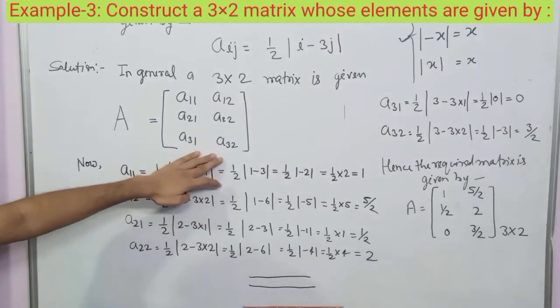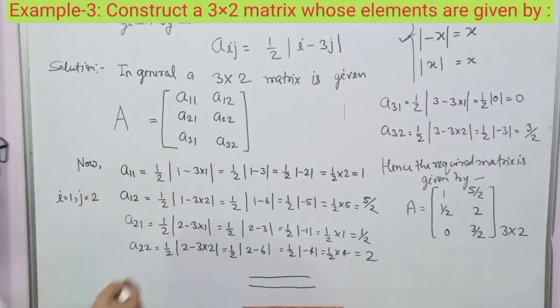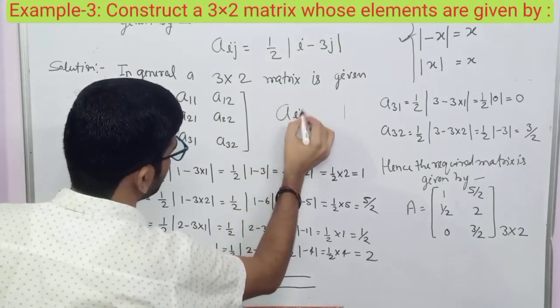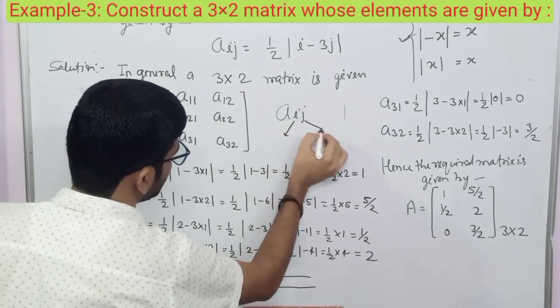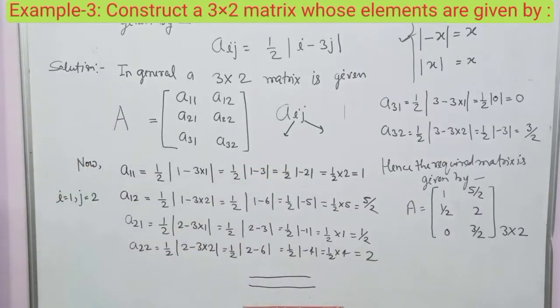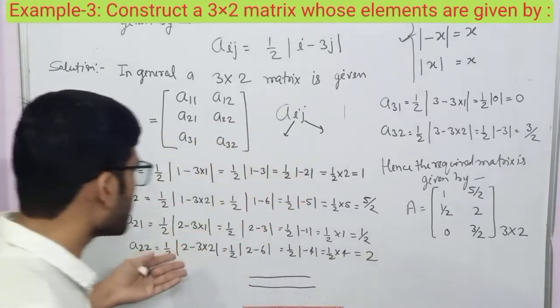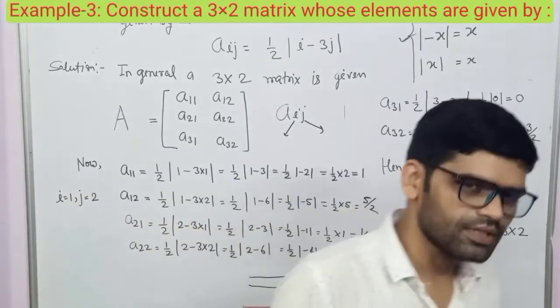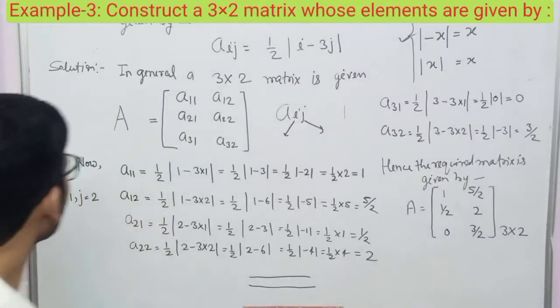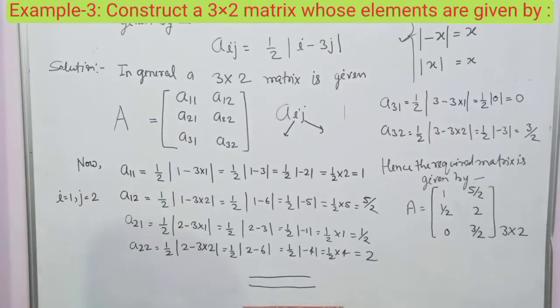So we write here, and we see the values in Aij: first value is i and second is j. So you can find it in this way, and if this question comes in your exam or test, you can write the solution of the question in this way.